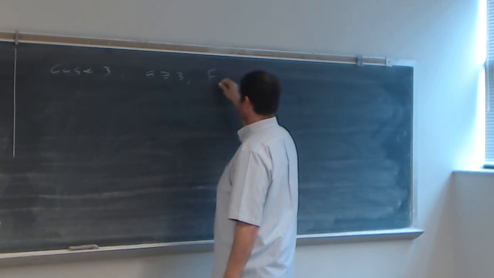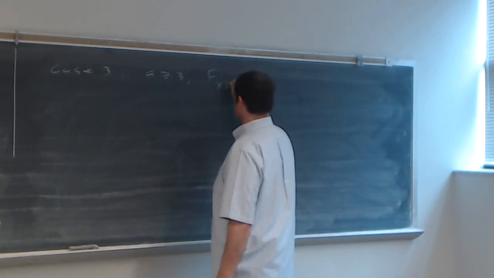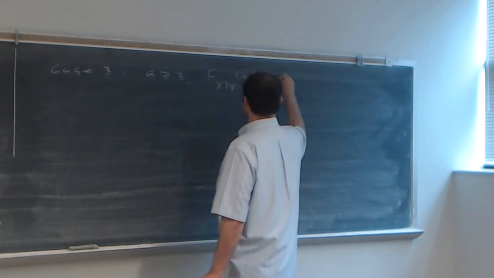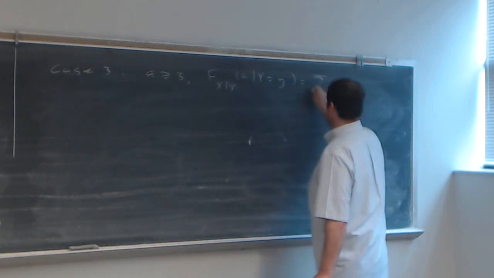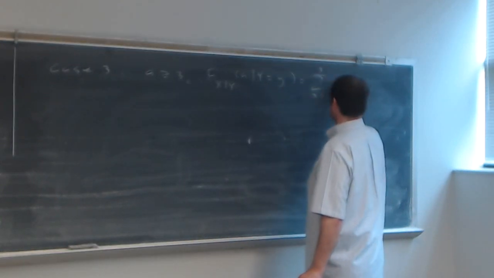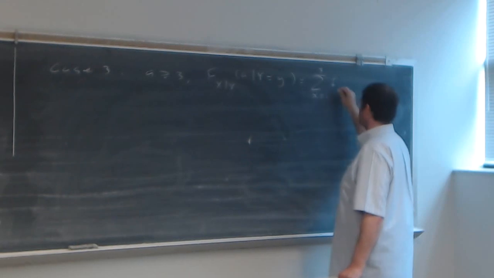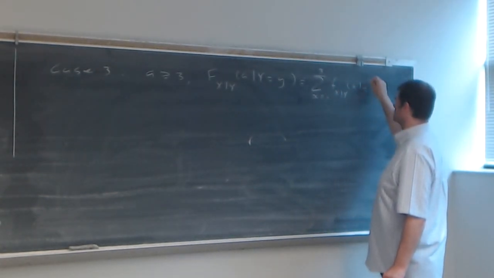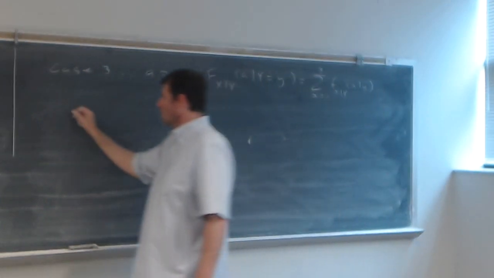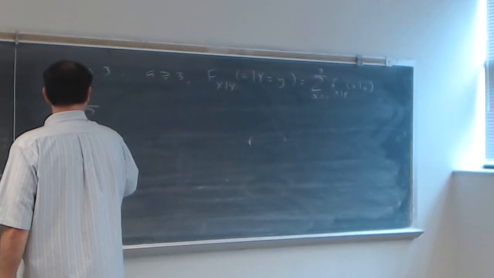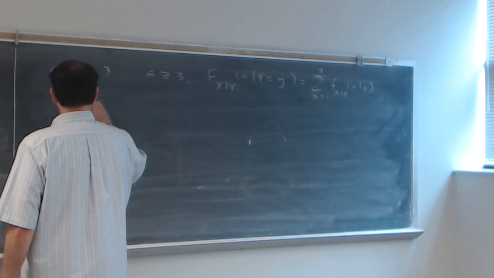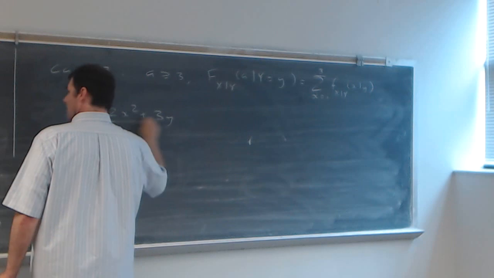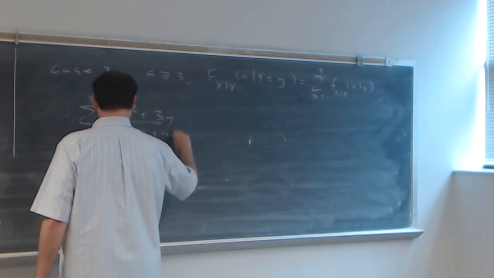So this conditional CDF is going to be the sum as x runs from 1 to 3 of the conditional PMF of x given y. So the sum as x runs from 1 to 3 of (2x squared plus 3y) over (28 plus 9y).